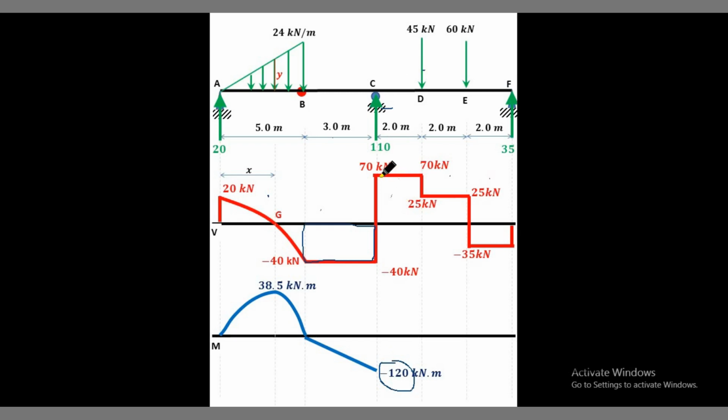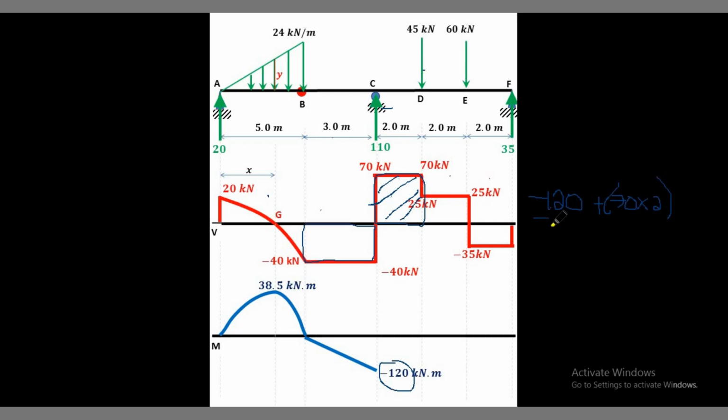Then, from C to D, dito sa shear diagram, take now the area of this, that is equal to 70 times 2. So, nag-end ako kay 120, plus, kasi nasa taas nga to, so plus 70 times 2.